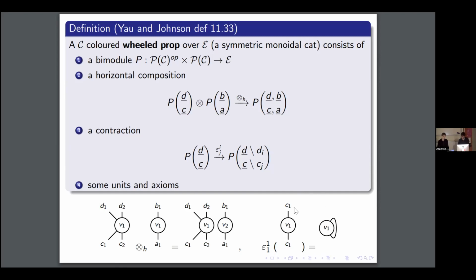And in the second example, we've got a graph with an output flag and an input flag of the same color, and we've simply contracted them together to form a graph with a single edge. No, you can only contract the same color. So all edges must be the same color.